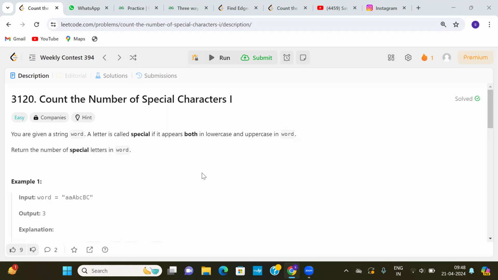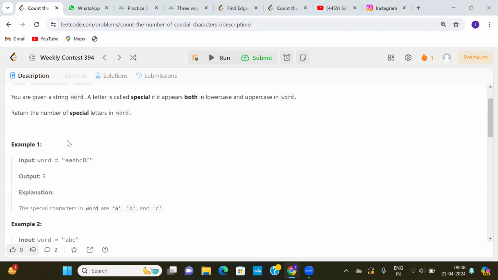Let us understand this particular question with the help of an example. First of all, we were given the word as capital A, small b, small c, small a, capital B, capital C. I can clearly see small a occurs both in lowercase as well as in uppercase. At index 0, it occurs in lowercase. At index 2, it occurs in uppercase. Similarly, for the letter B, at index 3, it occurs in lowercase.